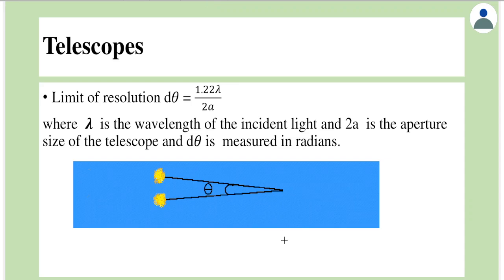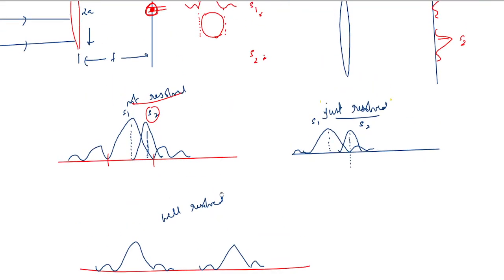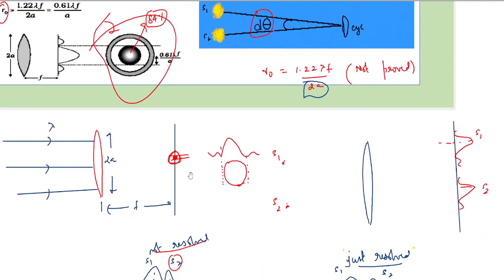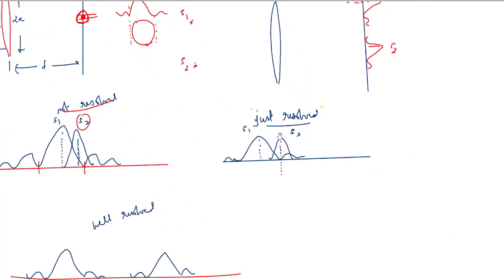Now coming back to the discussion we had earlier, we want to define what is the limit of resolution. It is defined as the least angle that the two objects have to subtend at the eye so that they are just resolved. Means in this case the angle made by the two objects with the eye is called d theta. It is called the limit of resolution.